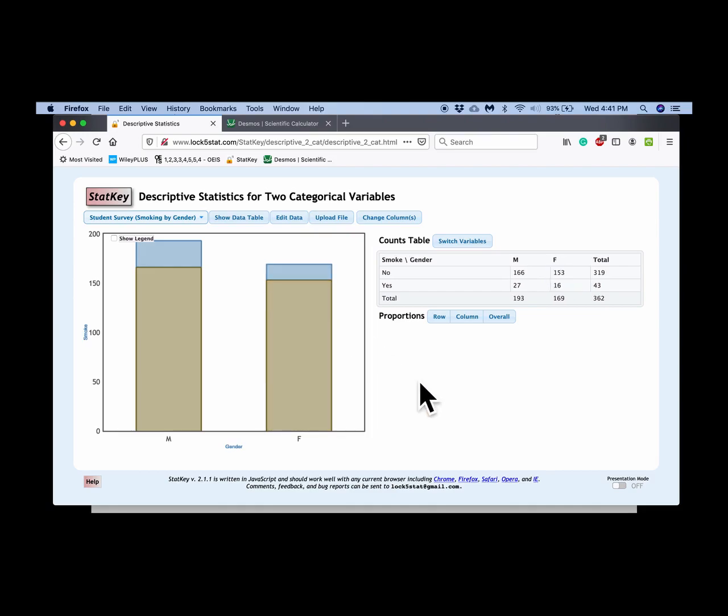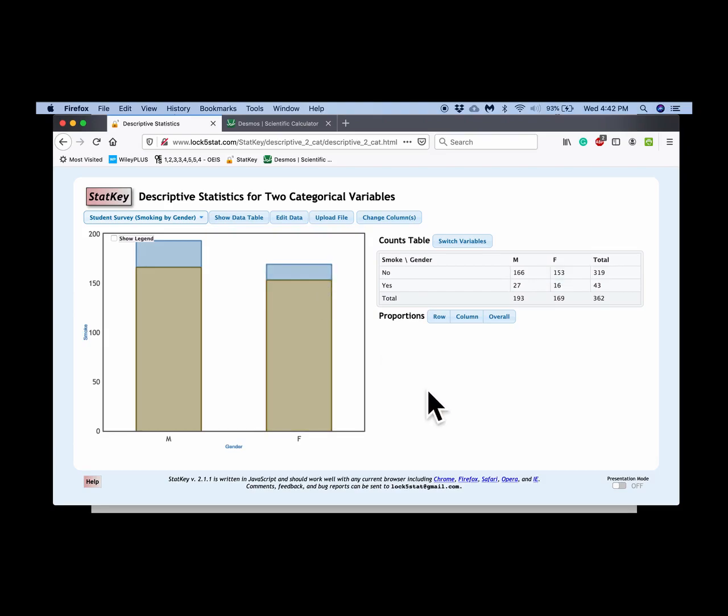Okay, so why might it be useful to switch the variables? Well, it might be especially useful in this graphical display if we're really interested in primarily how the genders are dividing themselves, for instance, among smoking and non-smoking. We can see very quickly here that the males are divided between non-smokers and smokers in this way, and the females between non-smokers and smokers in this manner.